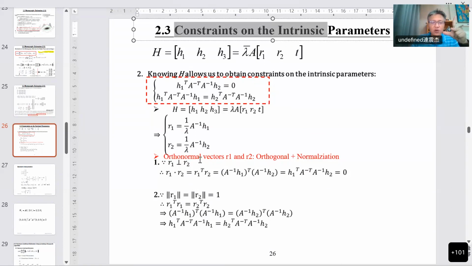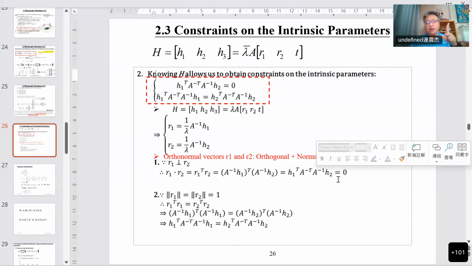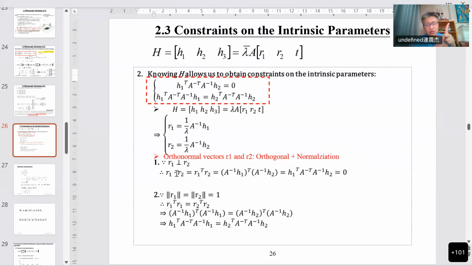So R1 inner product R2 will become 0 here, 等于0嘛，因为它两个轴是垂直的. So R1 equals A inverse H1, times A inverse H2, so this one becomes 0. So you have one piece of information.